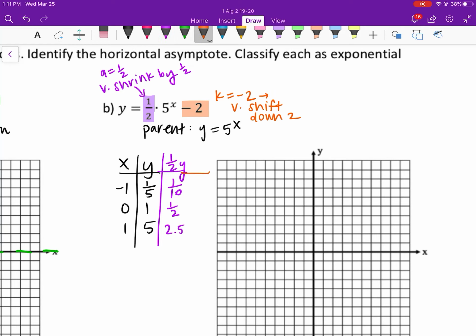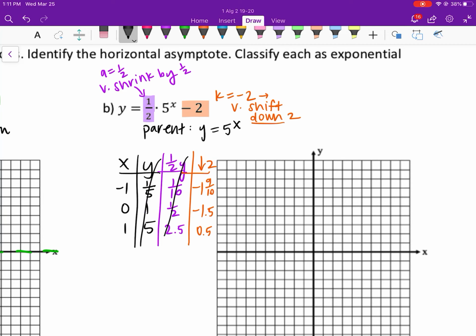Then after that, we need to shift our function down 2. So we take each of these y coordinates and we are going to subtract 2. So that's going to leave us with negative 1 and 9/10, and then negative 1.5 and positive 0.5. Those are the new y coordinates we need to use.